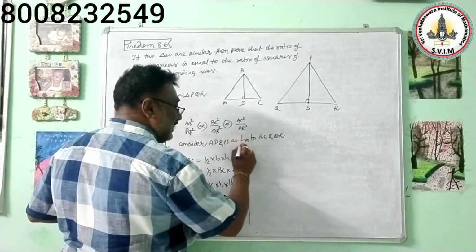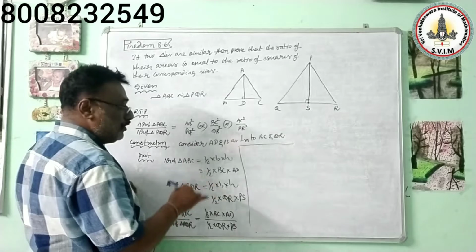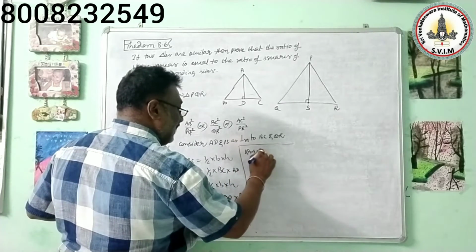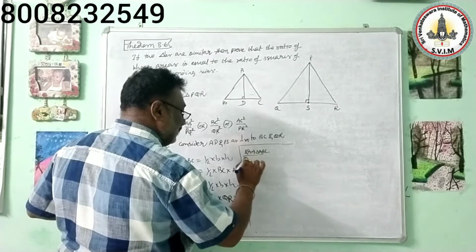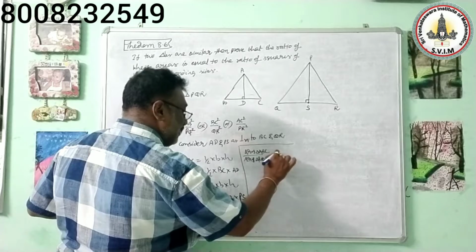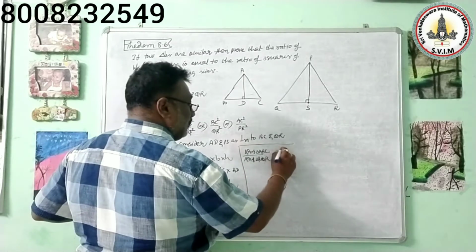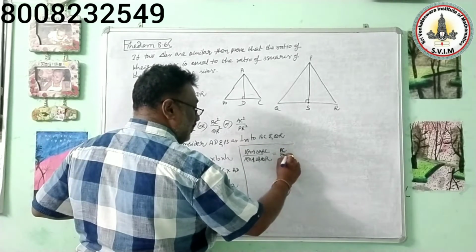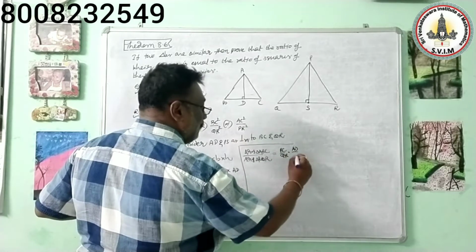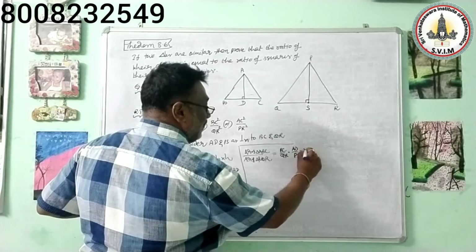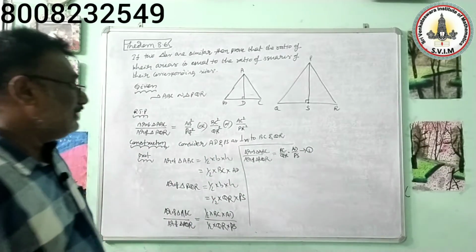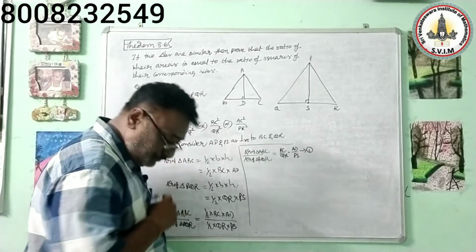By cancelling the two halves in numerator and denominator, area of triangle ABC by area of triangle PQR is equal to BC by QR into AD by PS. That one I am taking as equation 1. Okay. Yes, now listen to me.